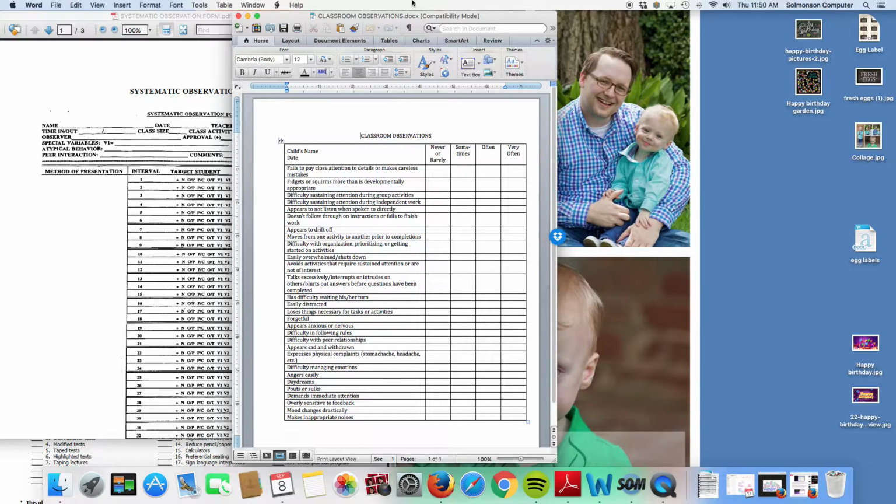This is a form that I would give to my teachers, and they could go through and look at all of these behaviors. They could click, when they occurred, never, sometimes, often, or very often. Then in discussing with a parent, you can say, these are the things that we are seeing in class. These are the behavioral observations.